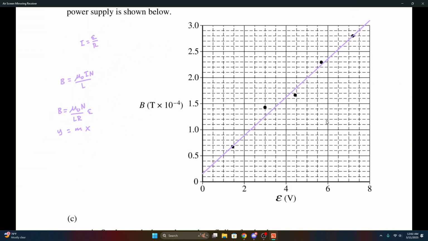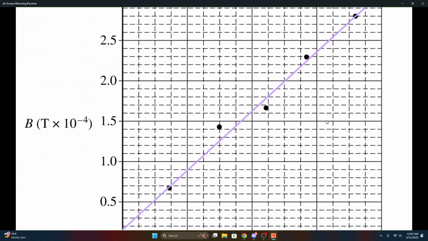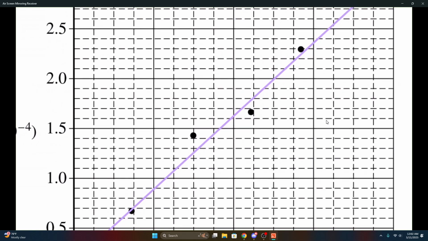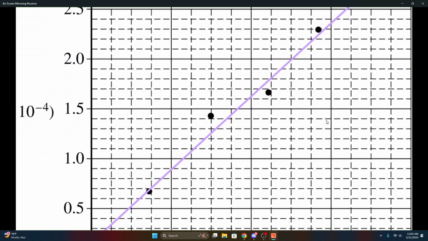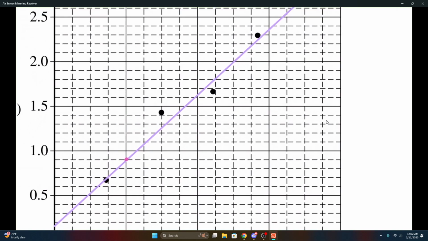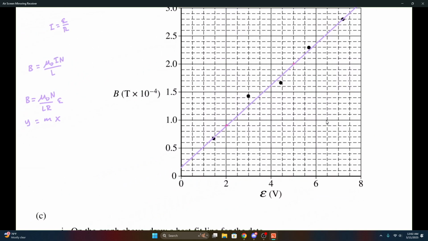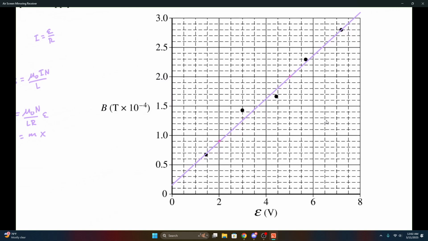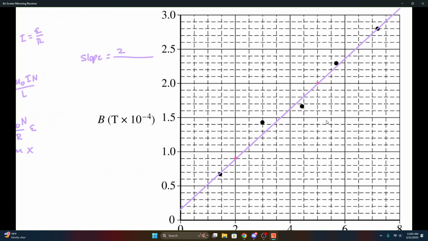Okay, so let's find the slope. Let's use some good points. Which points look good, chat? Y equals 2 looks really good. Okay, that one's fine, and I guess we use that one. Okay, the slope equals 2, times 10 to the minus 4 because of the units.